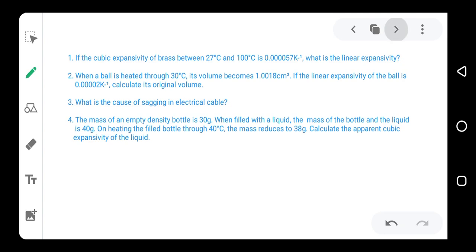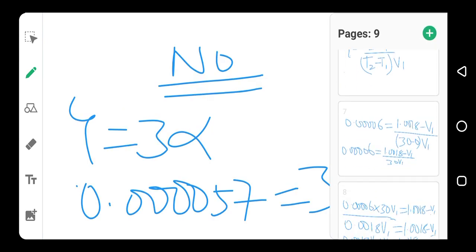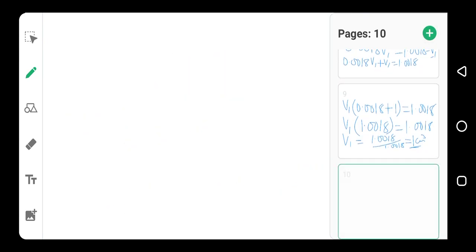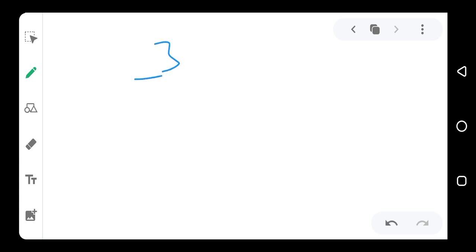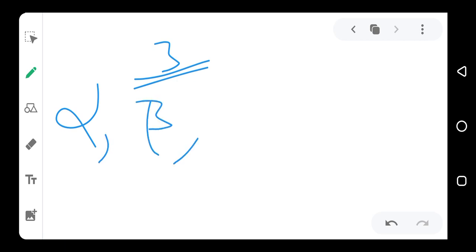Now we know that for number 3, we are looking at alpha, beta, and gamma. Which of them causes the sagging in electrical wiring? Alpha is talking about length.